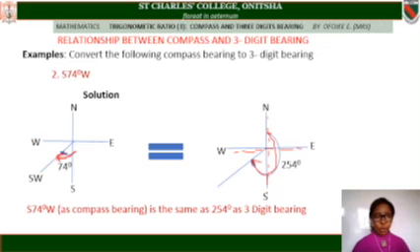Where we are going to is to get our 74 degrees. So when you add that 74 degrees to 180 degrees, you see that from north, moving towards that 74 degrees, what we have will be 254 degrees. And that is where we locate it as in 3-digit bearing.